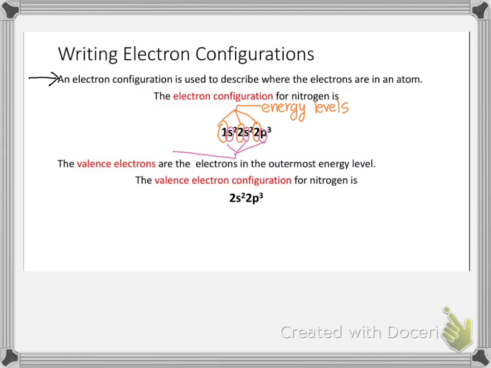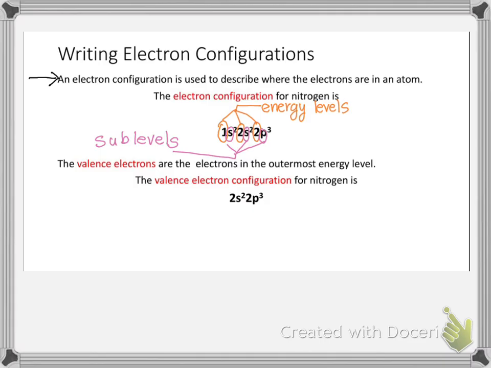Those are our sublevels. Remember, sublevels can be s, p, d, or f. So the first number tells us what energy level we're in, which will be 1, 2, 3, 4, 5, 6. Then the letter tells us the sublevel. So notice they don't tell us specific orbitals in this particular notation. We do know that any s sublevel has 1 orbital, p has 3, d would have 5. That still holds true.